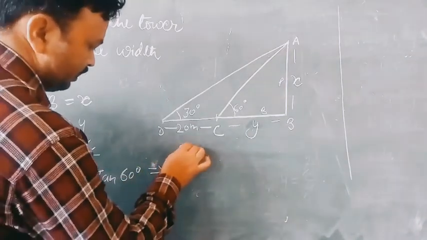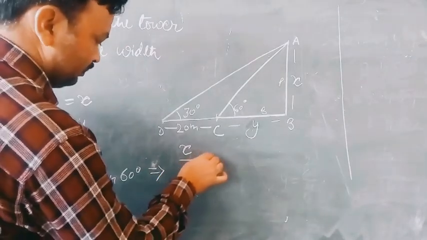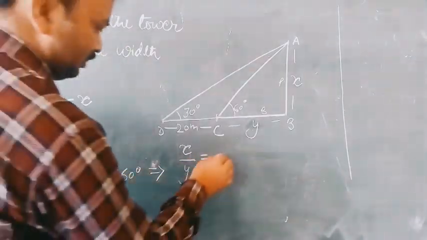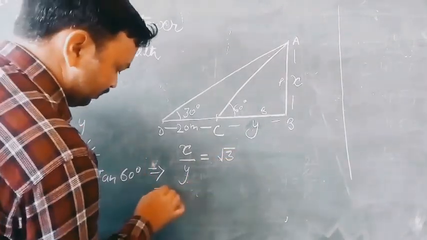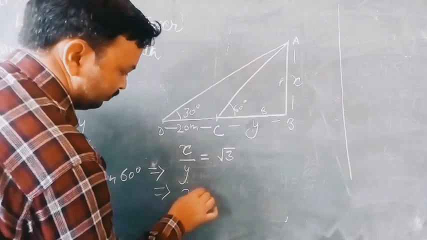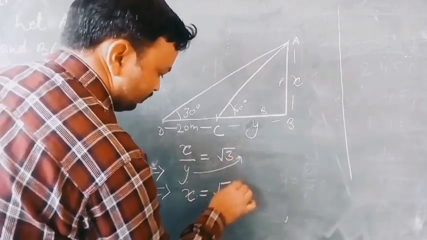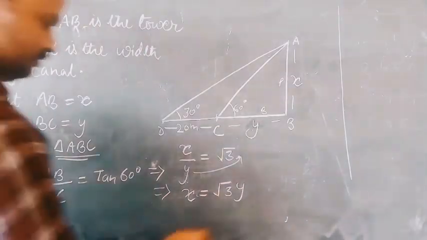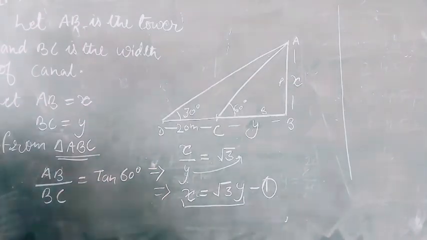So replace the values. We know that AB equals to x and BC equals to y, and tan 60 is equals to square root 3. So from here we got our equation 1, that is x equals to square root 3y, like previous question. Let us name it equation 1.